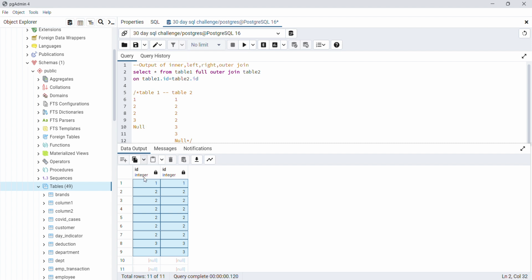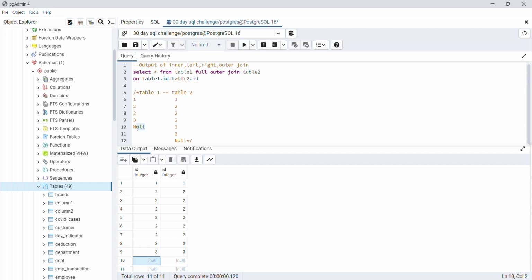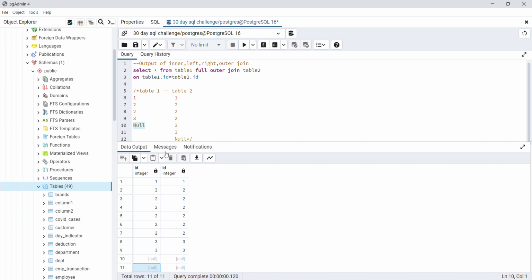Firstly, the first null value is from the table number 1, which doesn't have any value to which it can get joined. That's why it is giving null as the value in the table number 2, and the second null is the null from the table number 2, as the null won't be getting joined against the null values, so it will return the null in that same row.